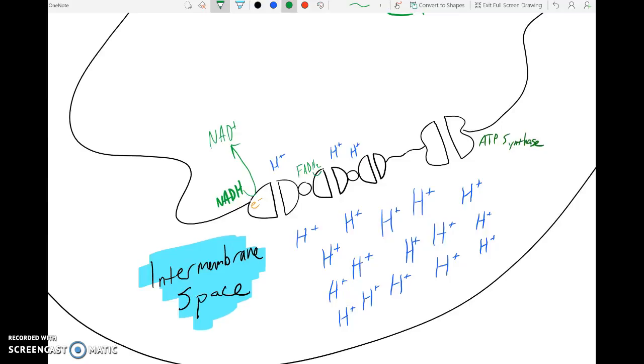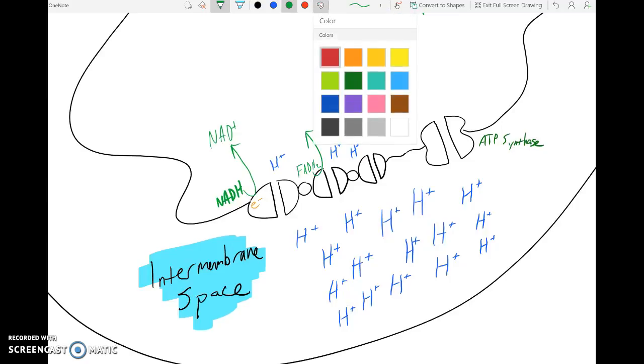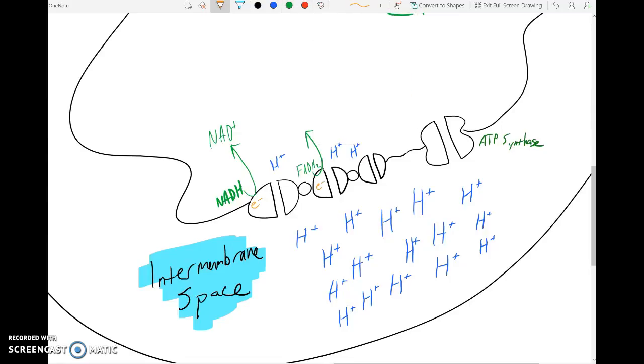It's going to come in, drop off some electrons, then it will be converted to FAD. These guys, because they are electron carriers, that's the only thing they really do. So they're going to go back to glycolysis or the Krebs cycle, and they're going to pick up more electrons and then bring them right back. That's their only purpose.